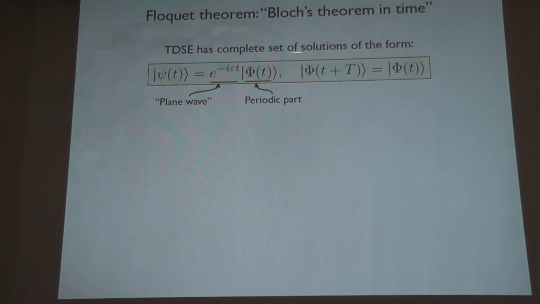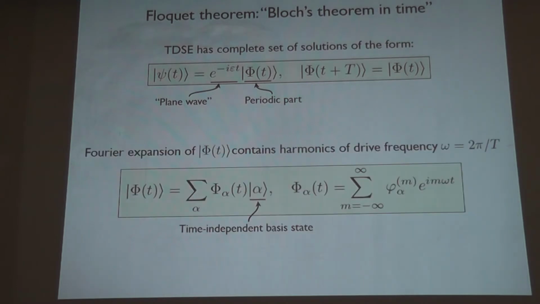We need to find out how I can describe this periodic part phi, and how I get this eigenvalue epsilon. One useful thing is that since this phi is periodic, I can decompose it in a discrete sum of Fourier components with all integer multiples of the driving frequency omega. I don't need any fractional harmonics, because I can only take harmonics which reproduce this periodicity.